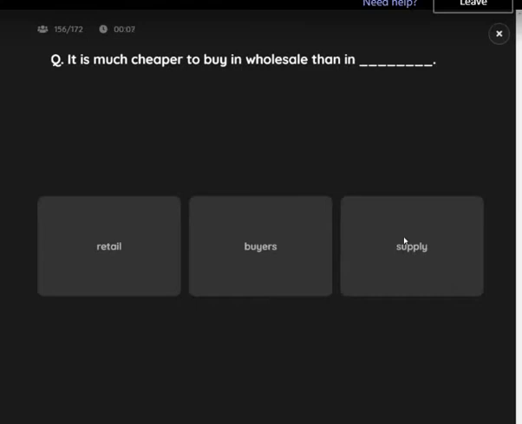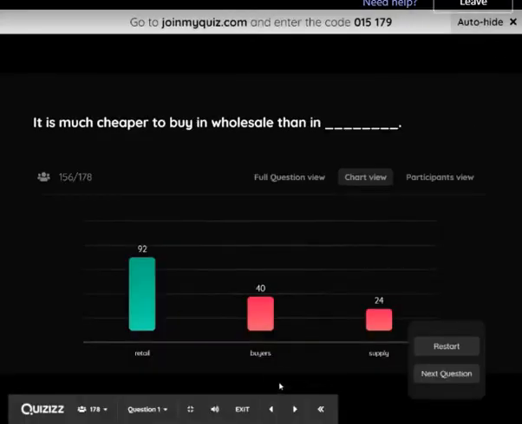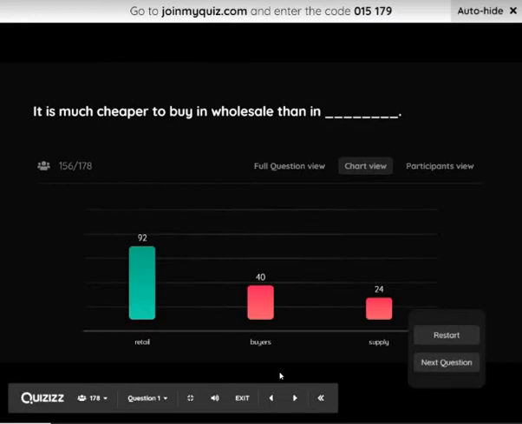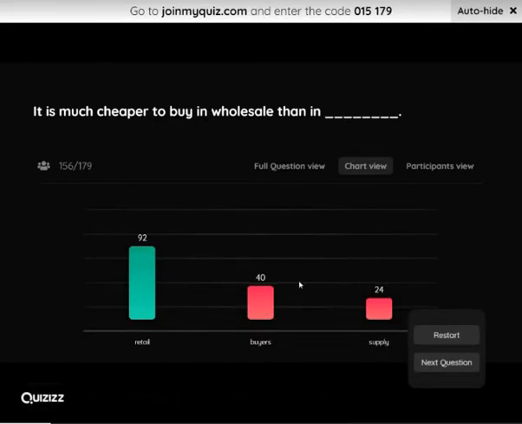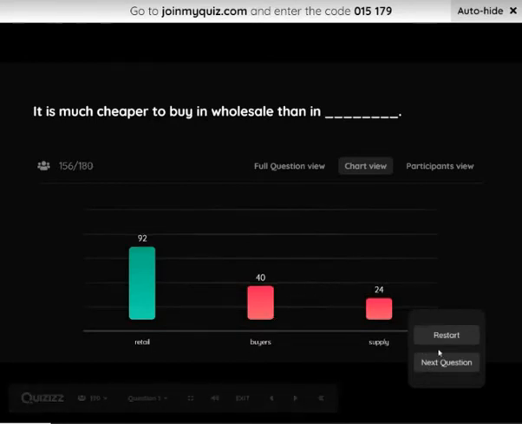Quickly, 7 seconds, 5, 4, 3, 2, 1, and 0. So the correct answer is, excellent, it's retail. So it is always much better to buy in wholesale than in retail. Well done.